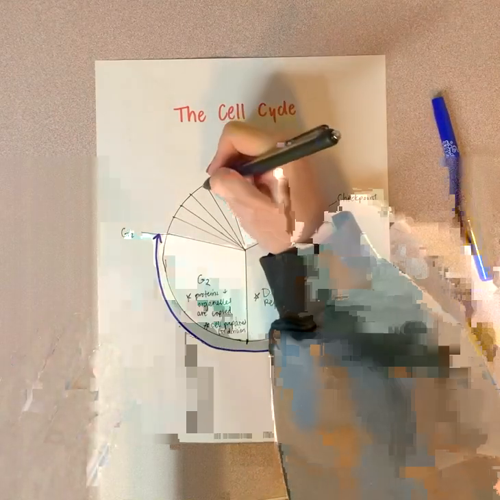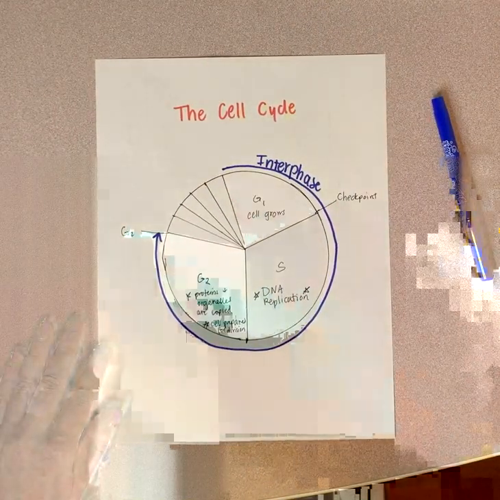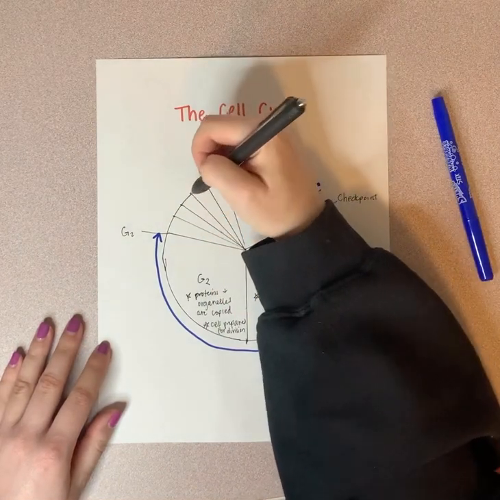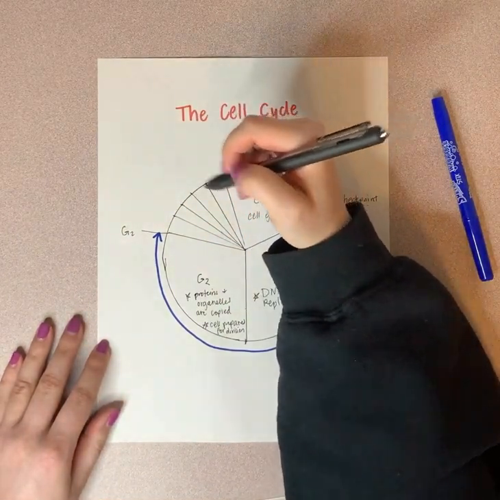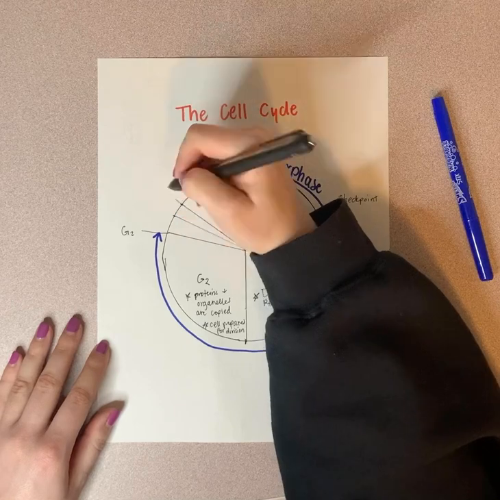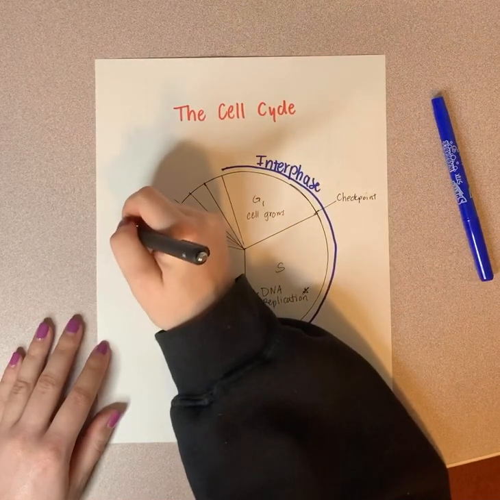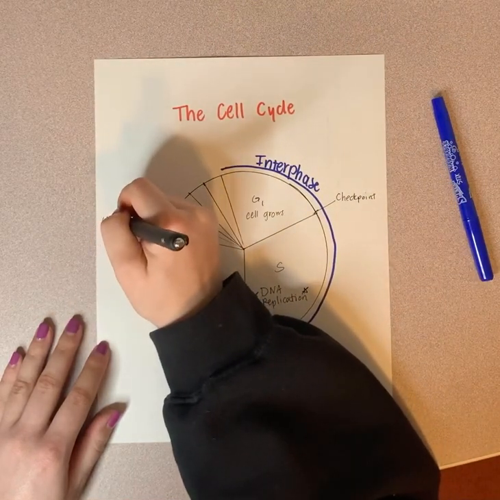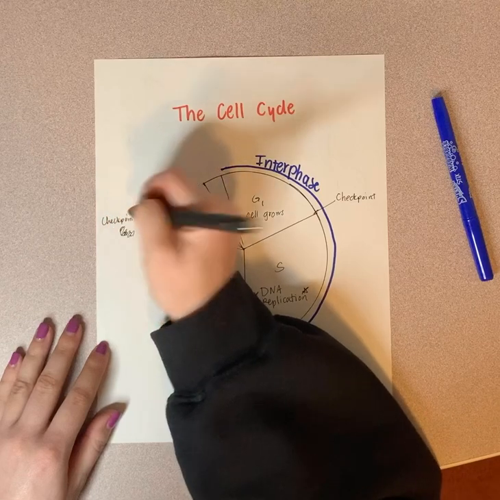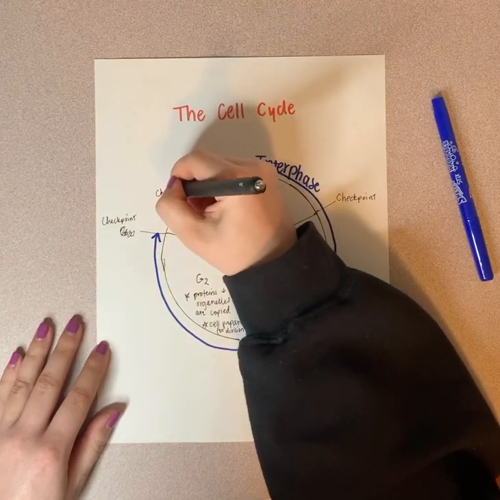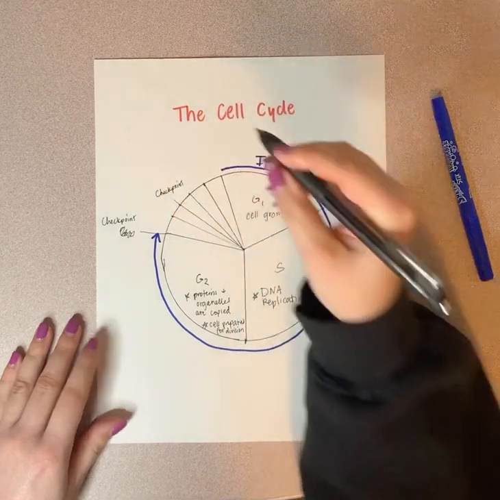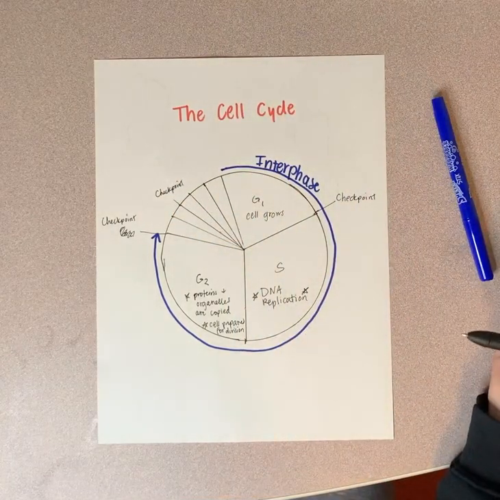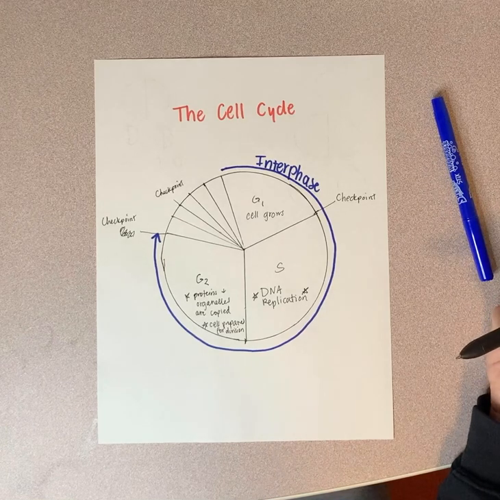And then there's also a checkpoint in the middle of, oops, that's not what I meant to write here. Checkpoint. And then another checkpoint. So all of these checkpoints serve to determine whether the cell is healthy, whether there are any mutations, whether everything is ready to go, okay?